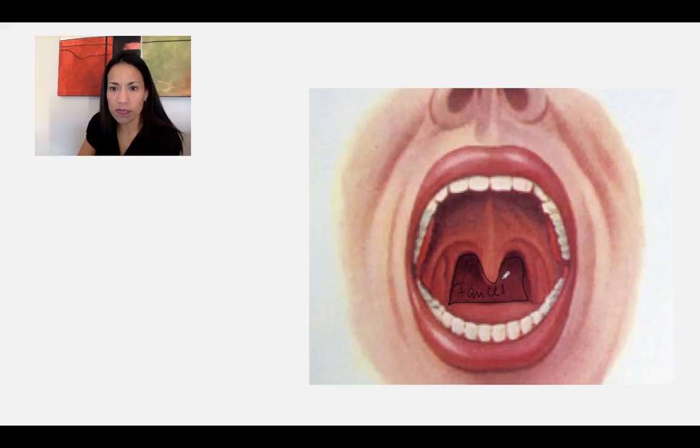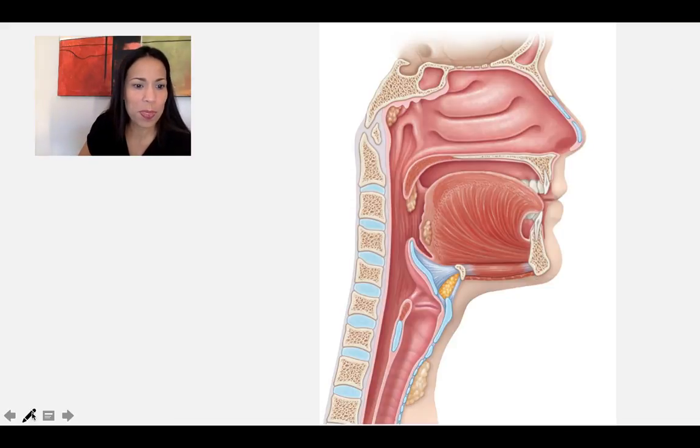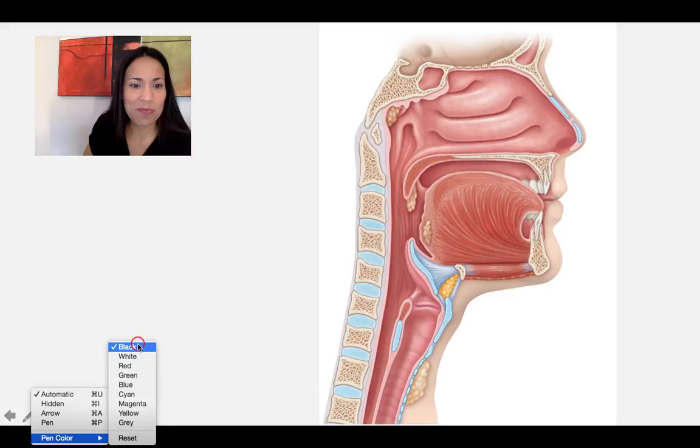The entrance is the fauces, and the superior boundary is the uvula. On either side, about here, is where we're going to find the palatine tonsils.